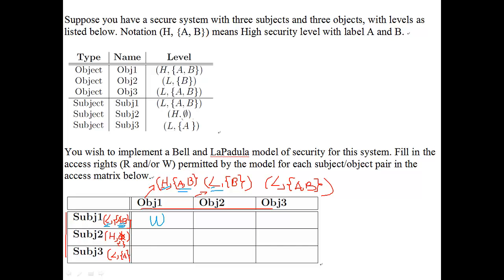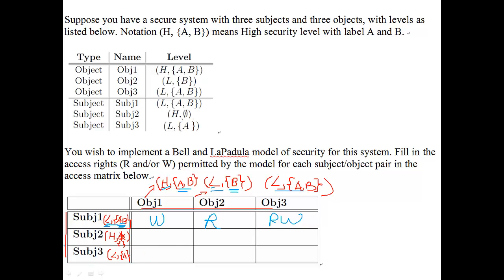This category AB is higher than the category B. That means subject 1 cannot write to object 2. So it can just read object 2. Then we compare subject 1 and object 3. See here, both the level and category are the same. So object 3 can be read and written by subject 1.